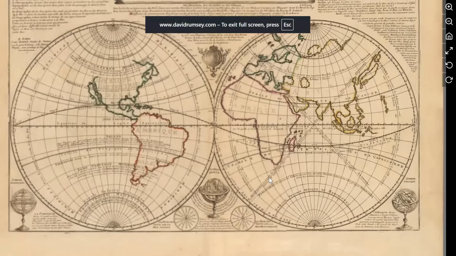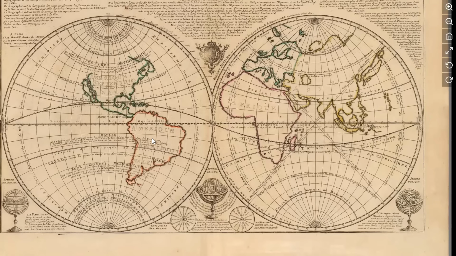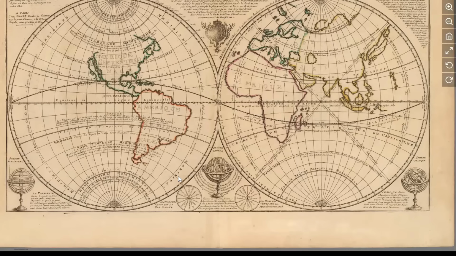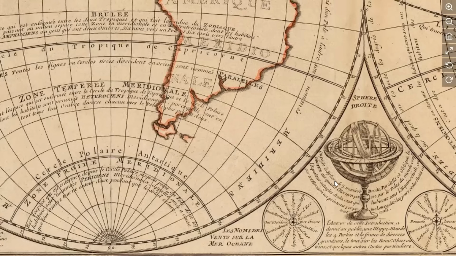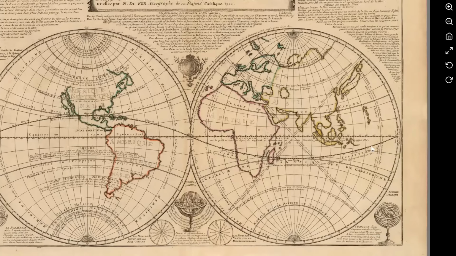This map is from 1722, and as you can see, well, it's not complete, but there's definitely nothing at the bottom here. We've just got the circle of the Antarctic, so they knew there was something there, but they weren't showing us. But all of this landmass across the bottom, including Australia, which should be here, has disappeared.